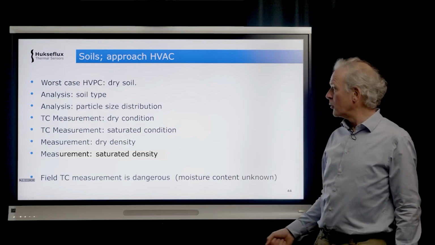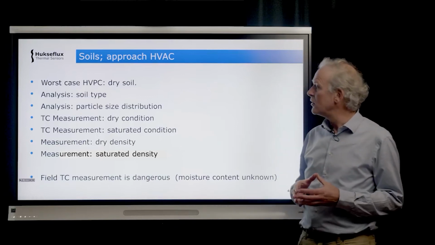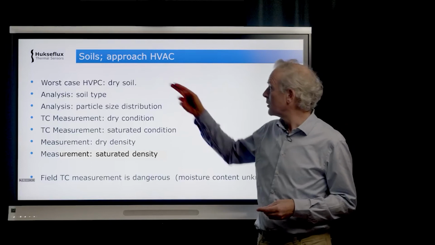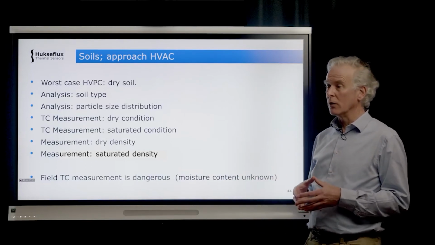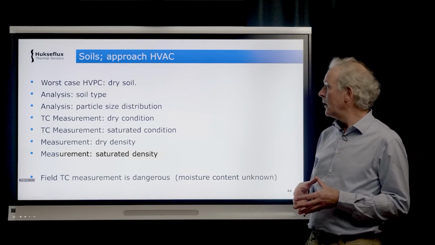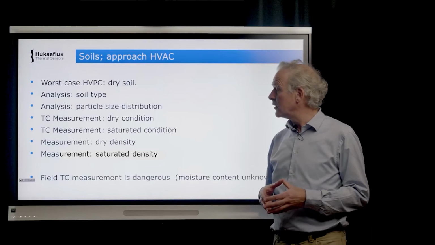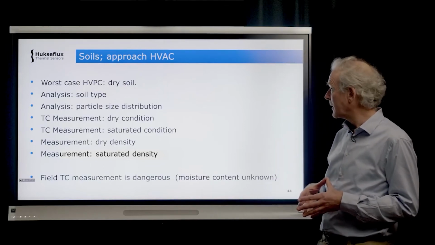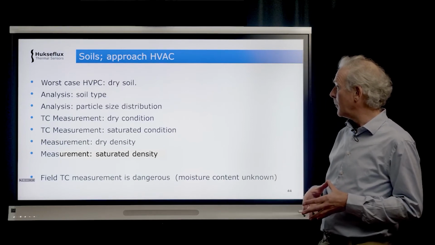If you do a thermal conductivity measurement, this dry condition is most relevant because it represents the worst case situation. So you might see some laboratories drying out the sample to determine that condition. Also of interest may be the saturated condition, for example, in oil pipelines.